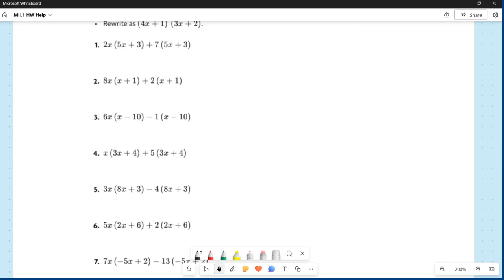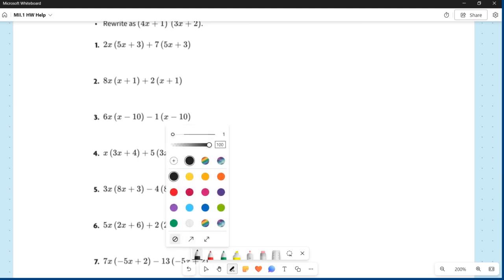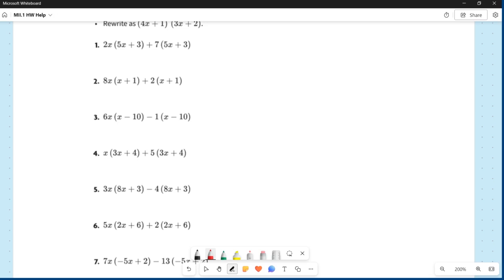So let's look at the first assigned problem, which was number 2. So for number 2, our question says 8x times x plus 1 plus 2 times x plus 1. We want to write this as a product of two binomials. The matching binomial factor in this case is x plus 1 and x plus 1.